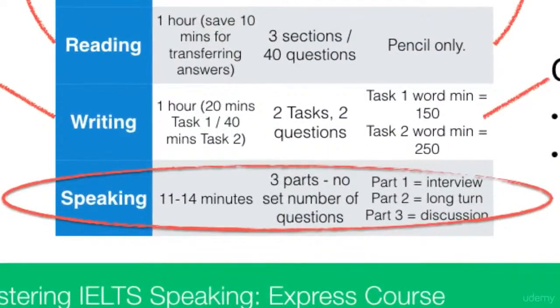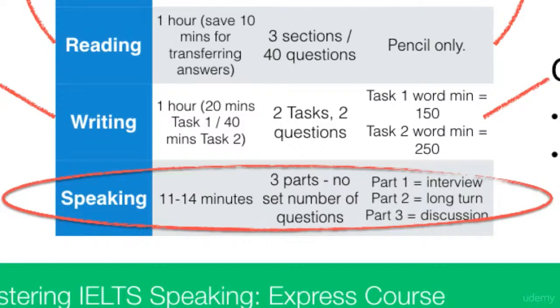So the time that you are given for the speaking exam ranges, depending on your examiner and the questions you get, between 11 and 14 minutes. And this time is split into 3 parts with no set number of questions. Part 1 is called the interview. This takes around 4 to 5 minutes or 3 to 4 minutes.